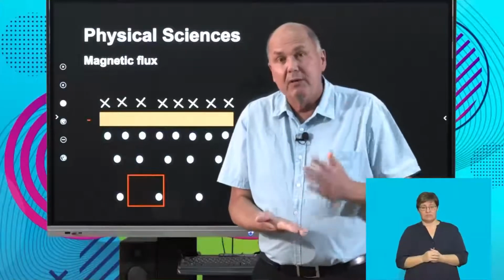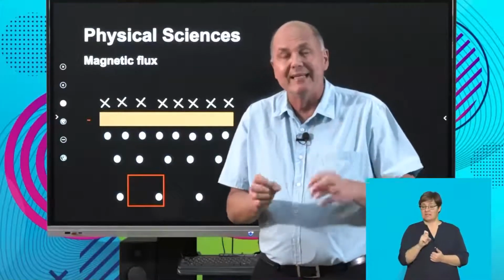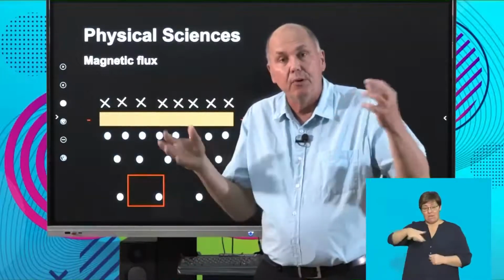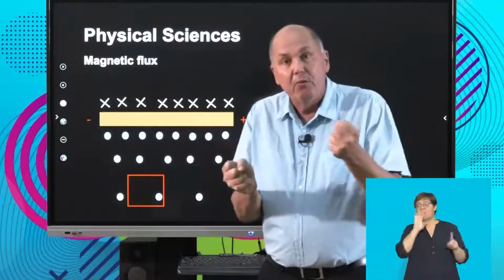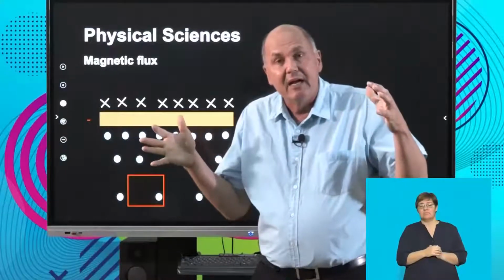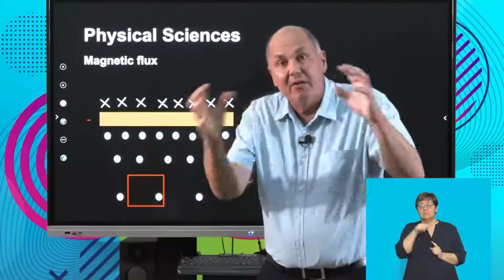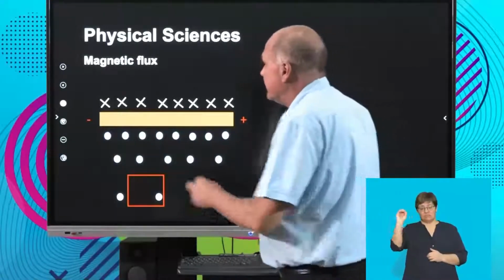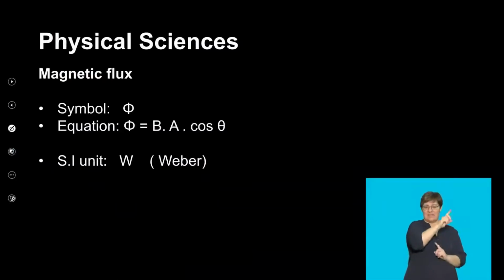The important thing about magnetic flux is not only that it's the field strength times an area, but we're recognizing that the area is at 90 degrees to the field lines. So let's formally define magnetic flux.